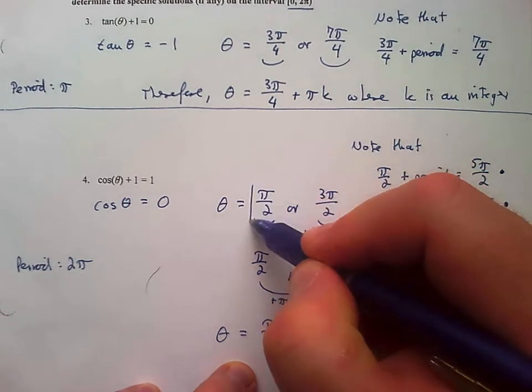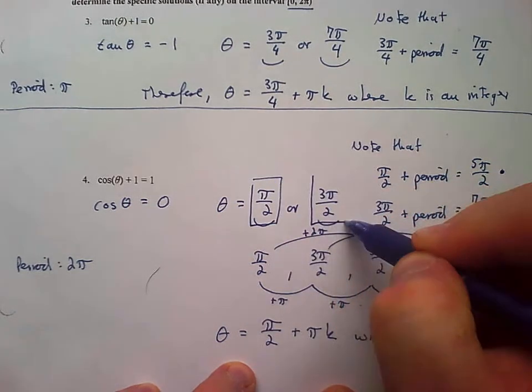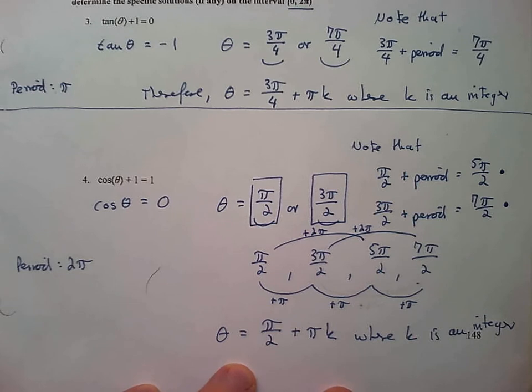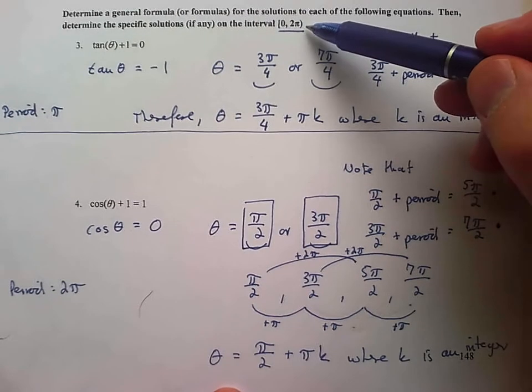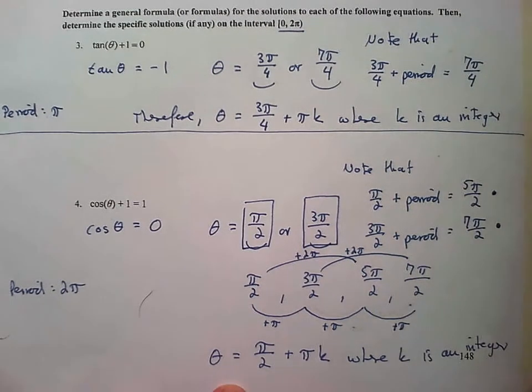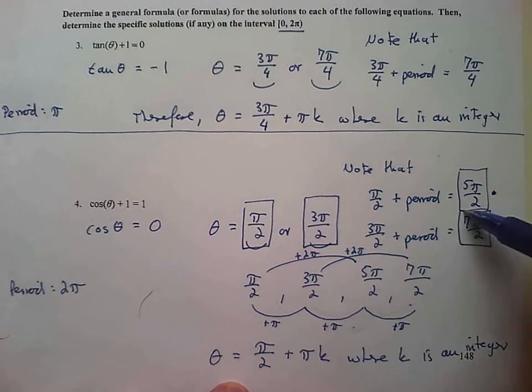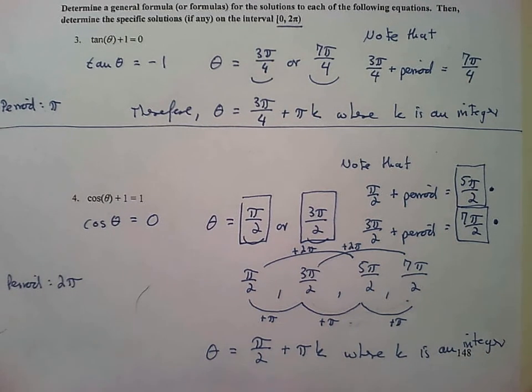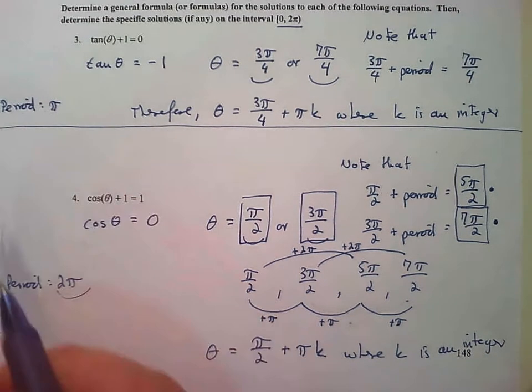So therefore, we've identified two solutions that are in the interval 0 to 2 pi. But if we go outside of that interval, we can find additional solutions if we keep on going by our period.